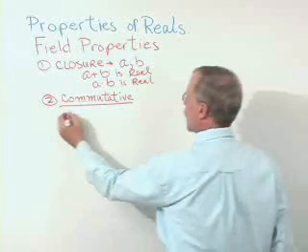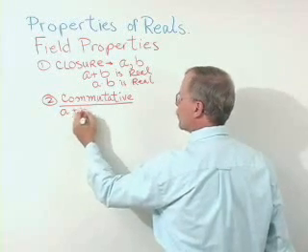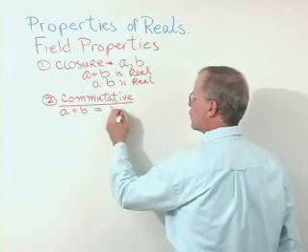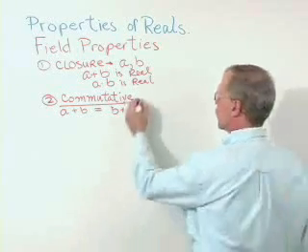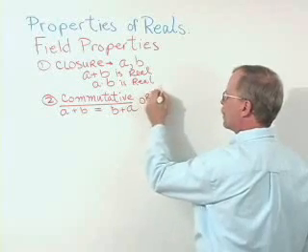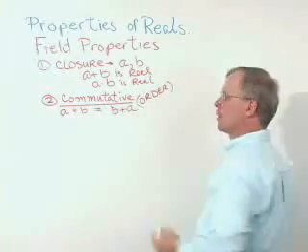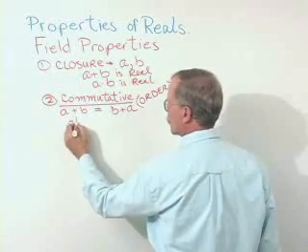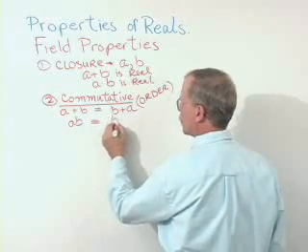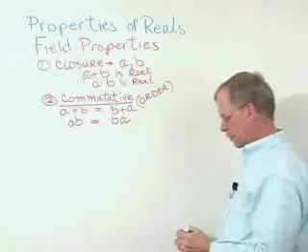It assures us that if we add A plus B or B plus A, we can add in either order. So the commutative property says we can change order without worrying about things. In multiplication, it's AB equals BA.